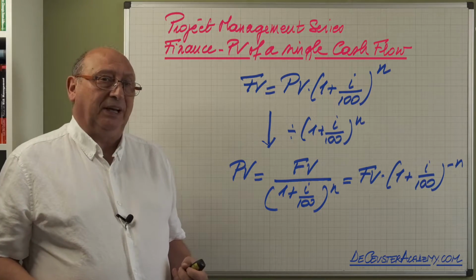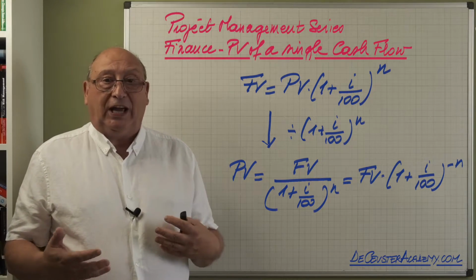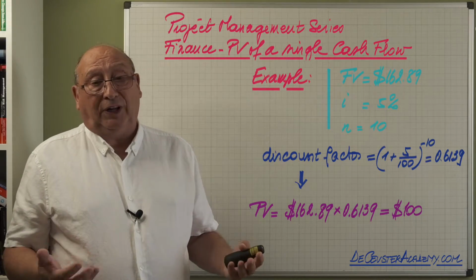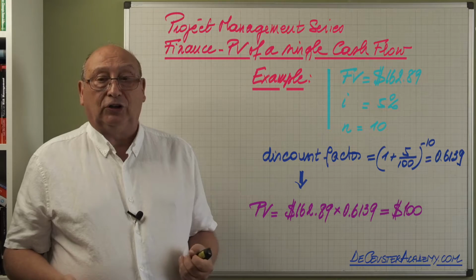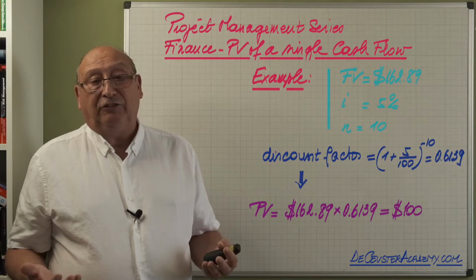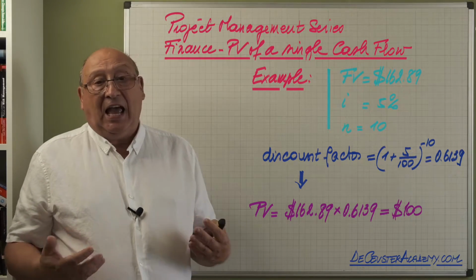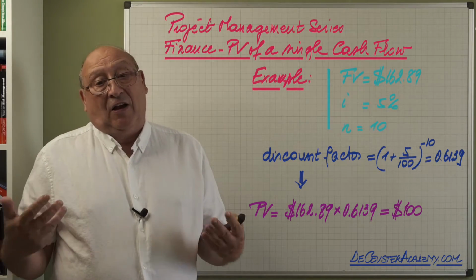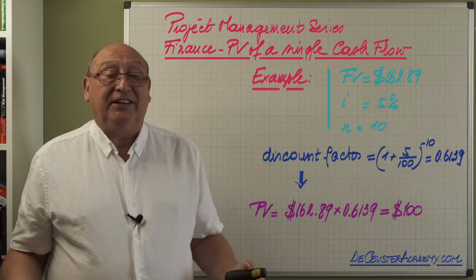Let's have a look at a simple example and go back to the example we did before. We have a future value of $162.89, an interest rate of 5%, and we will receive this amount in 10 years.